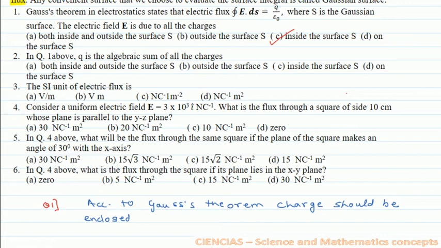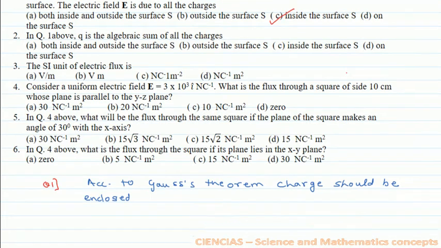Now we see the second question. In question number 1 above, Q is the algebraic sum of all the charges. Option A, both inside and outside the surface; option B, outside the surface; option C, inside the surface; and option D, on the surface. Again, the total charge should be enclosed.